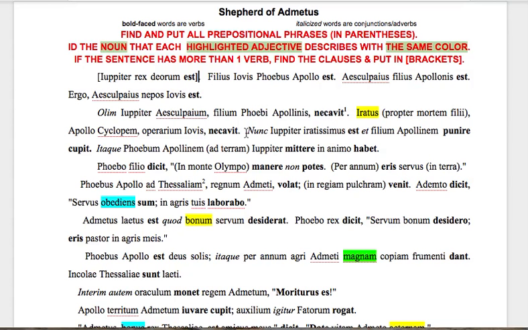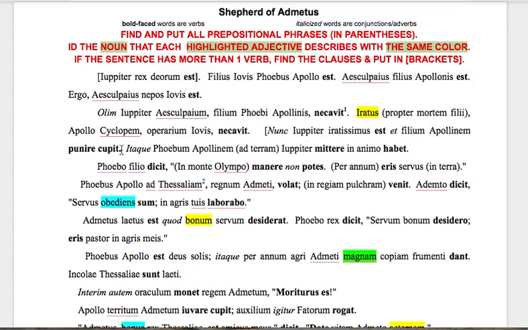There are occasions, however, like in this sentence that starts with nunc, where we have more than one verb in a sentence. Nunc Jupiter iratissimus est, et filum Apollinem punire cupit. When you have more than one verb in a sentence, it is important to find the units of thought.